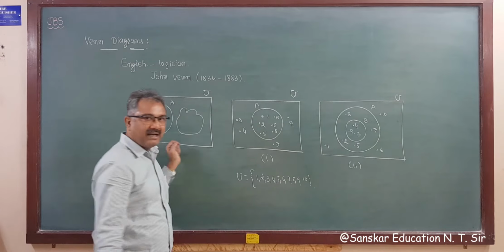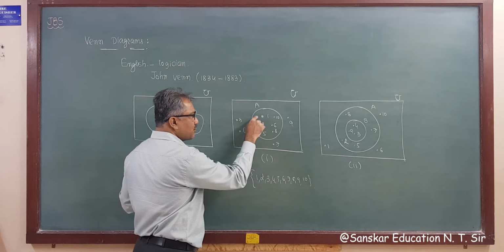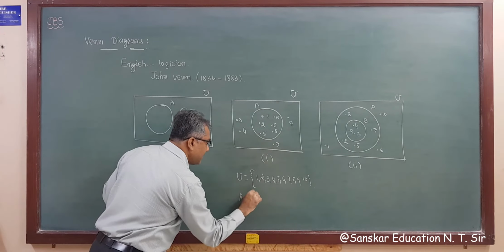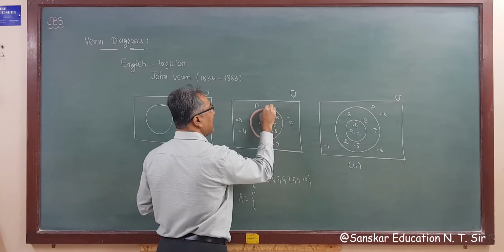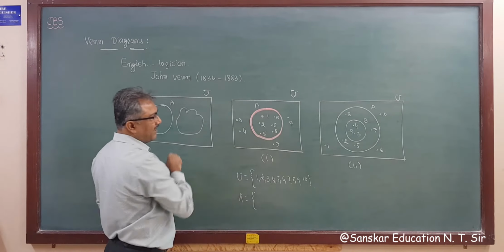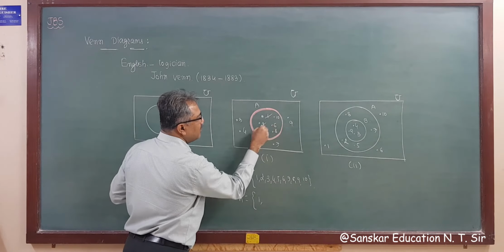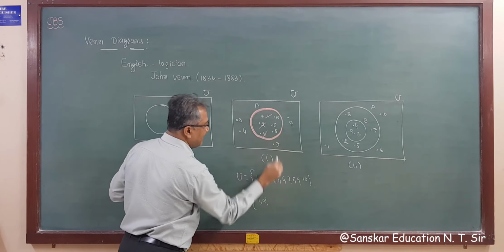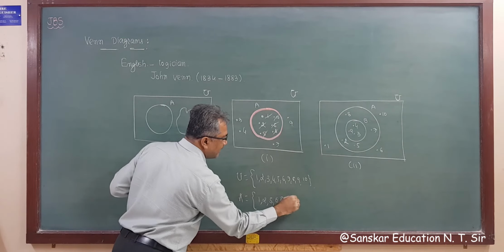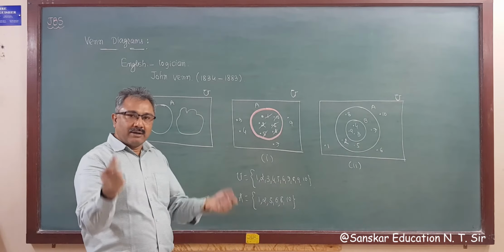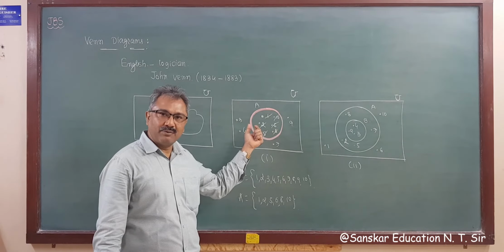And the subset of this is A. Set A contains all elements in this circle, right? So set A contains elements 1, 2, 5, 6, 8 and 10. So respective elements are denoted in the respective circle, right?